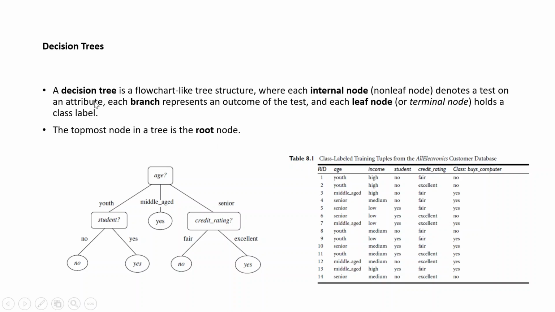A decision tree is a flow chart like tree structure where each internal node, that is a non-leaf node, denotes a test on an attribute. For example, age, whether the result is youth or middle aged or senior citizen. That is a test which happens at the internal node.